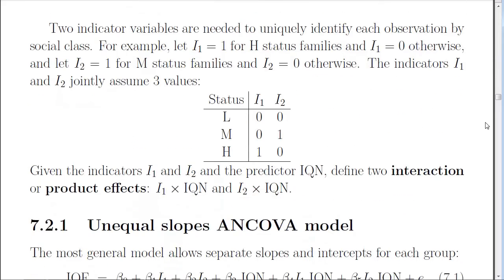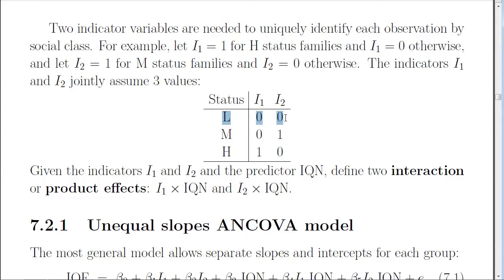All right, so we're going to create indicator variables, and there's different notation for this. What I showed in class is what I actually prefer, but this is a sort of shorthand for it. We're going to let the low group be the baseline group.